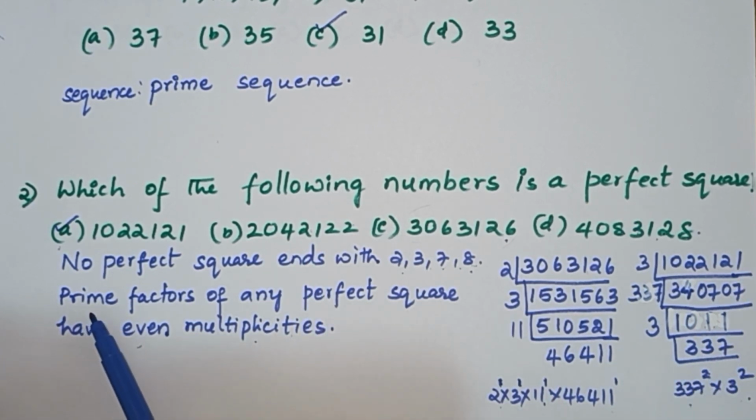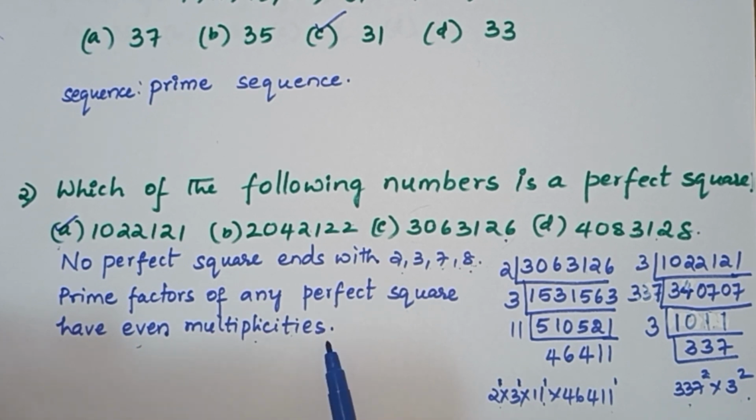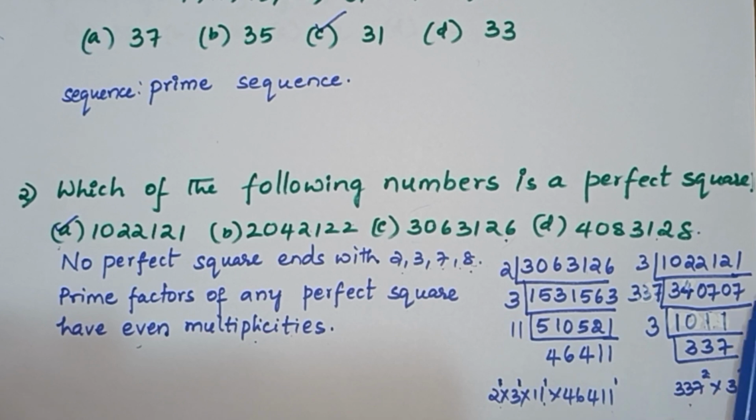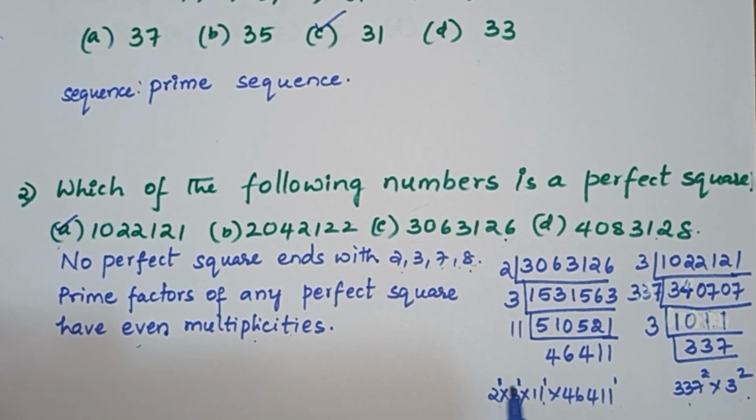Now, the second result is prime factors of any perfect square have even multiplicities. So, for the remaining two options, find the prime factorization. The prime factorization of this number is 2 into 3 into 11 into 46,411. Now, look at each prime factor. Each prime factor has index 1.